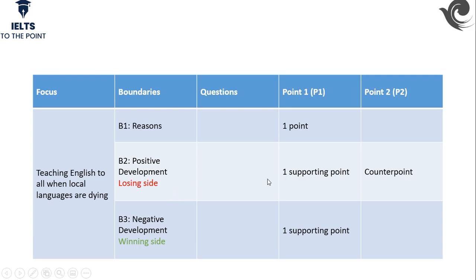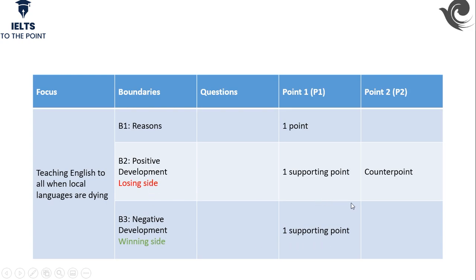Only in these mixed essays which have a tinge of opinion based essay, you may do this. Understand this part. In your regular opinion based essays, do not do this. In your regular opinion based essays, you must have 2 supporting points for your winning side and 1 supporting point and counterpoint for your losing side.